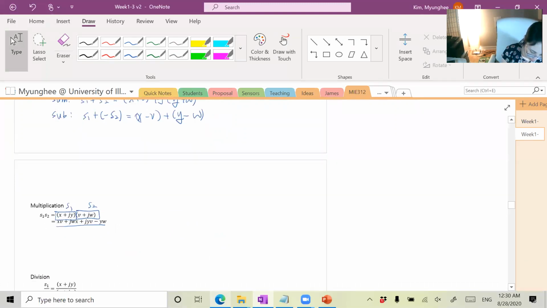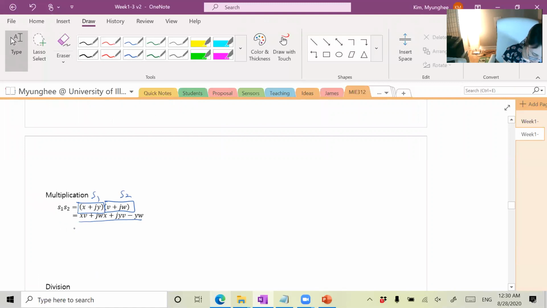Then after that, you need to simplify and organize the equations. You will get something like this, which can also be expressed as a magnitude and then an angle.